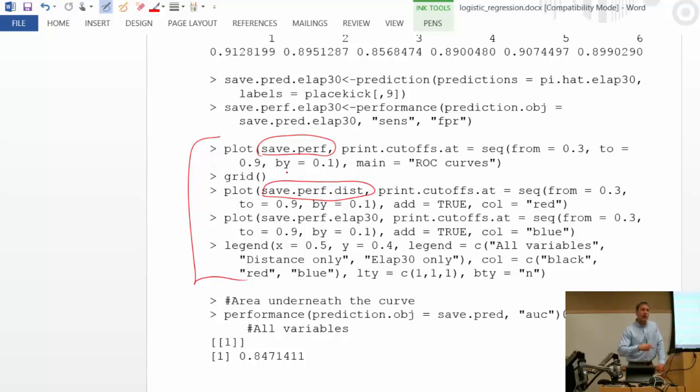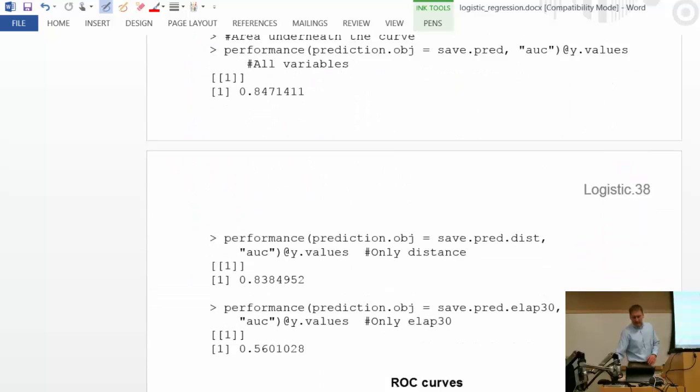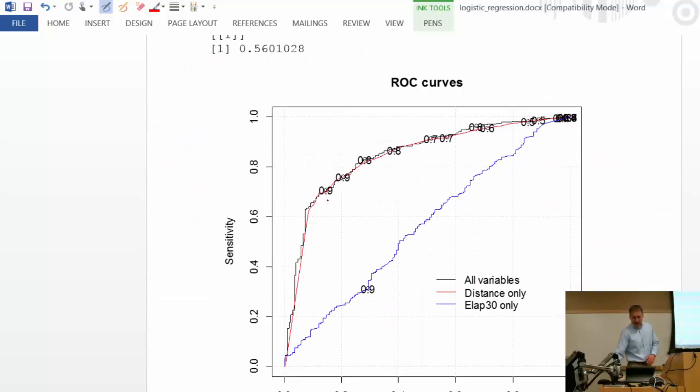And the way that I'm going to plot this on the previous plot is I add the argument add equals TRUE. I'm going to do the exact same thing for the lap 30 variable and its corresponding model, add equals TRUE again, and put a nice little legend on it so we can see what's going on. And here is the corresponding plot.